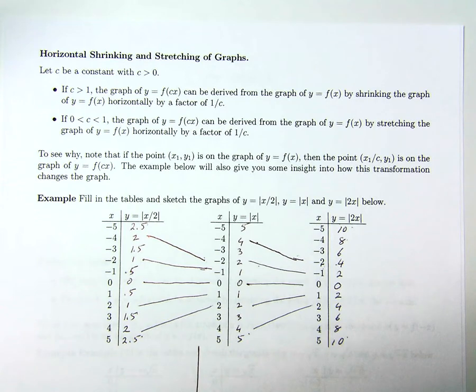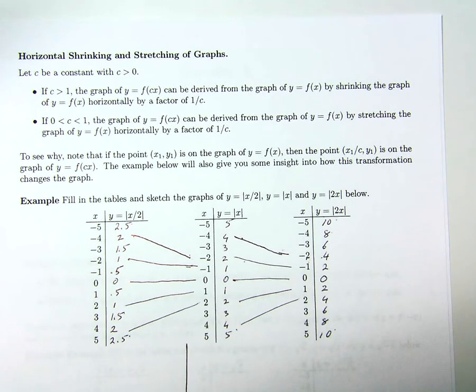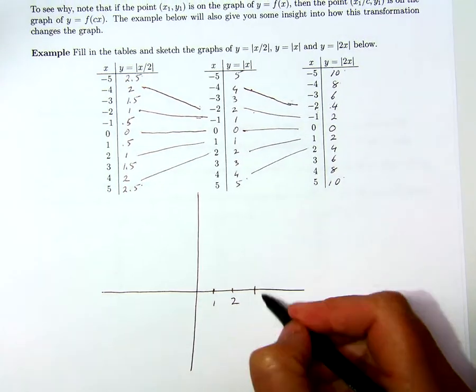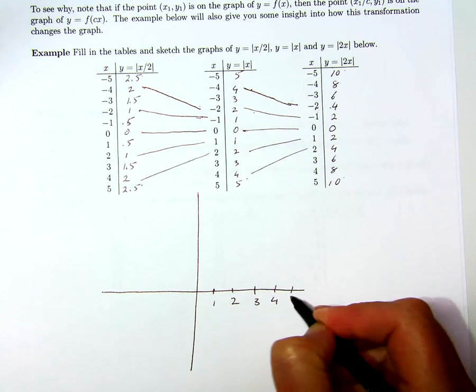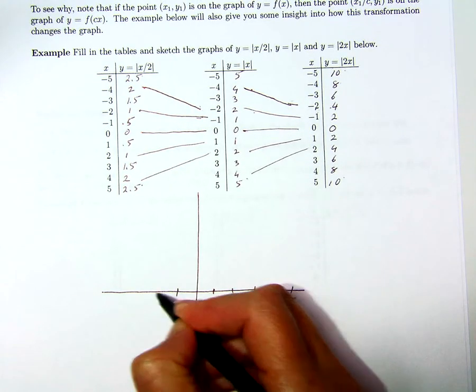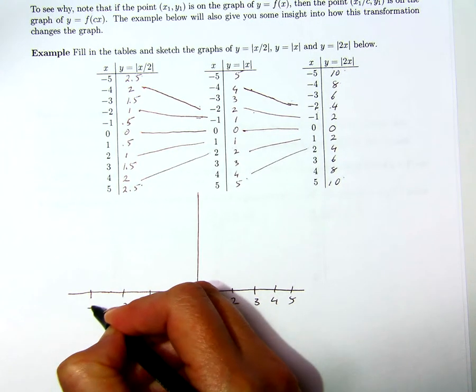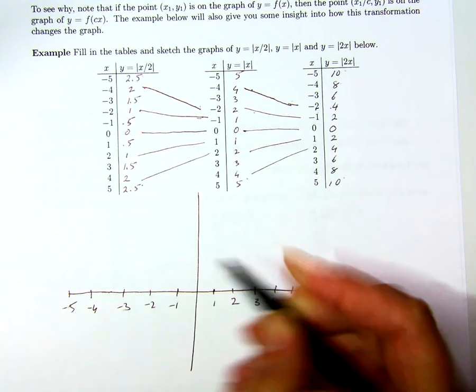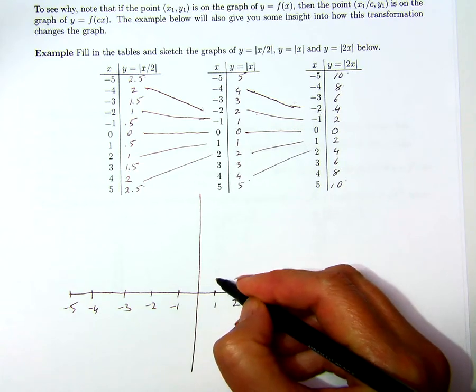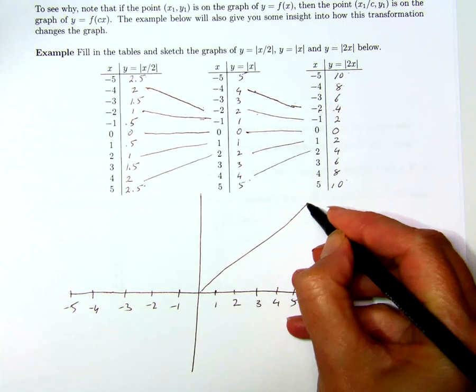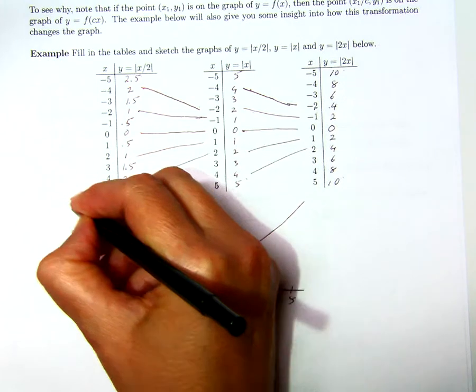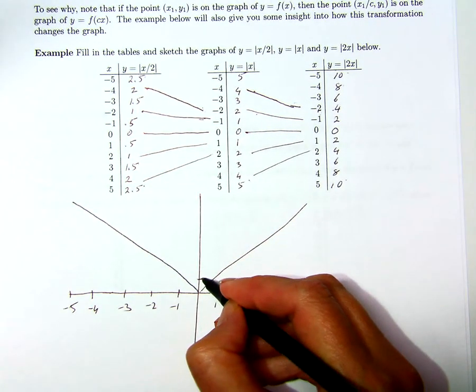Let's draw these functions. Y equals the absolute value of x is easy. You should have an idea of what the picture looks like already. I think I'll draw the function first before I put in the y values.